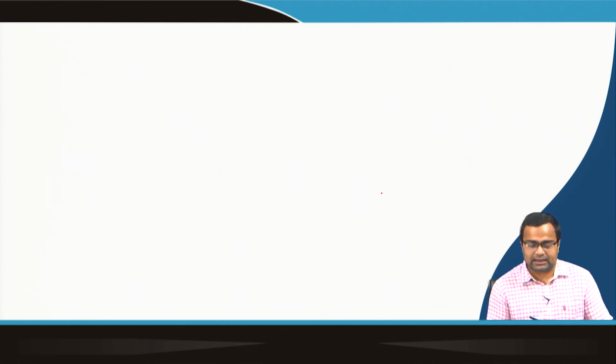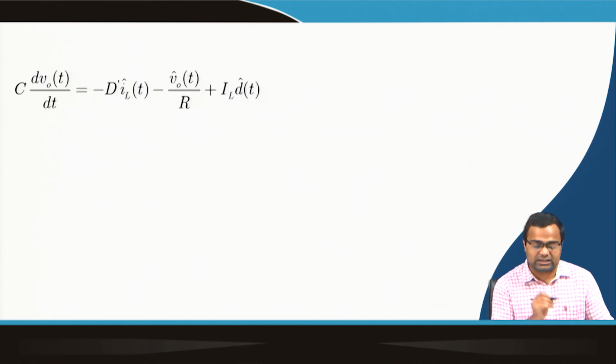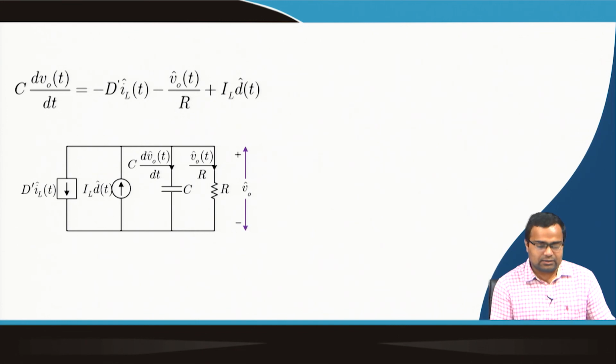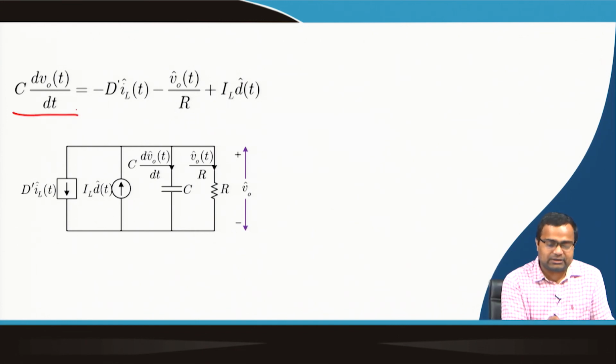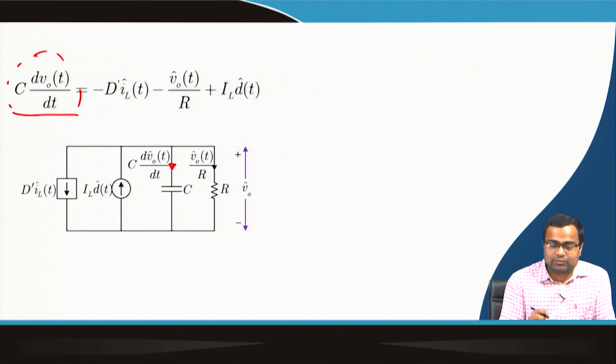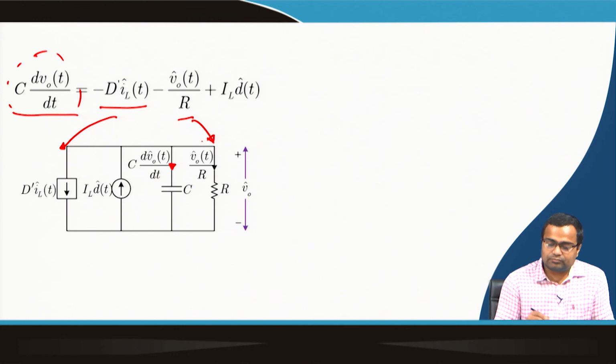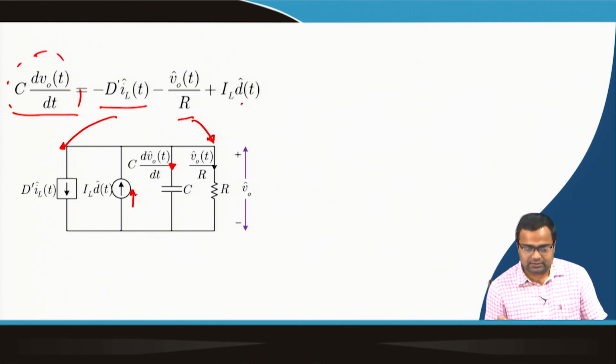Similarly, if we take the perturbation of voltage dynamics, this is nothing but the capacitor current perturbation dynamics. The capacitor current, which is positive when it is coming in, is equal to minus of this term, meaning it is going out, and minus the load current which is also going out, plus this current which is going in, right.